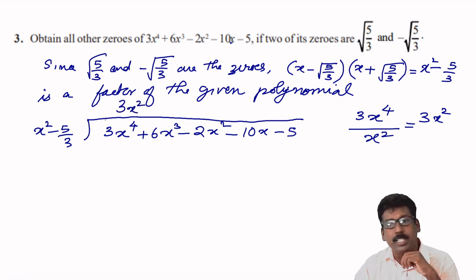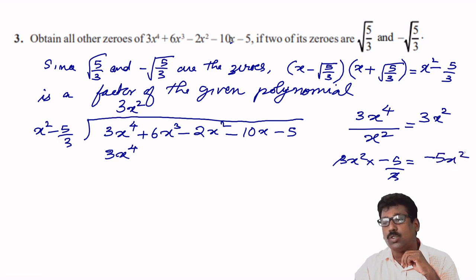Now do multiply 3x square with x square minus 5 by 3. 3x square into x square is 3x raised to 4. 3x square into minus 5 by 3, what will you get? Here 3 cancels. x square into minus 5, that is minus 5x square. So you can write minus 5x square just below minus 2x square.